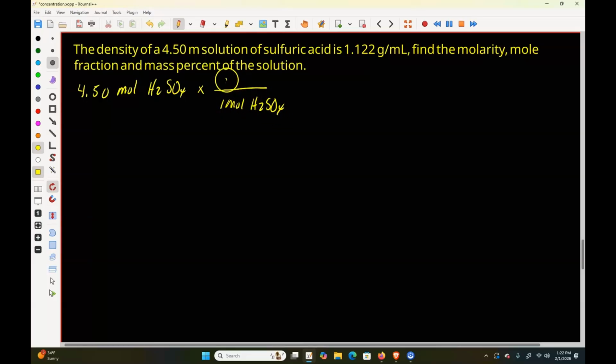So that'd be 98.1 grams for sulfuric acid, which gives me 441.35 grams of H2SO4.